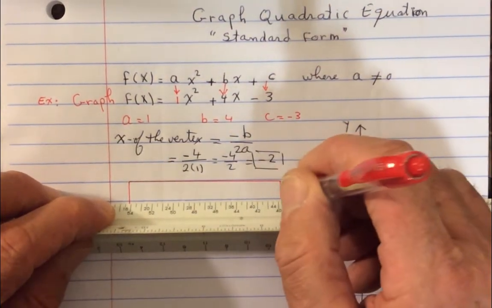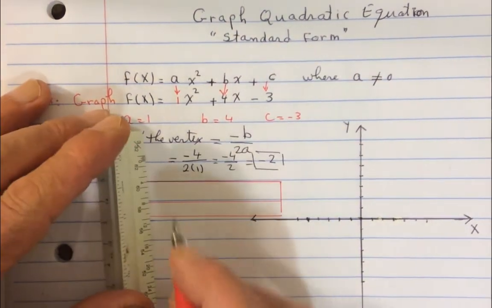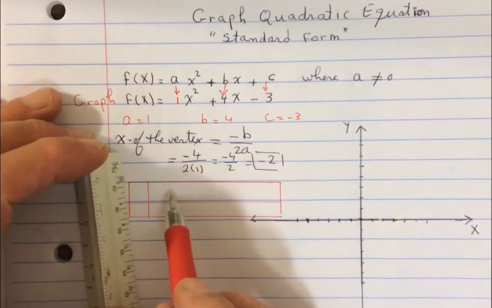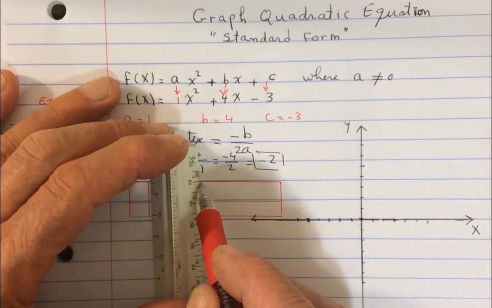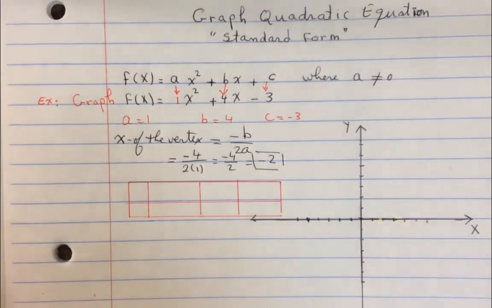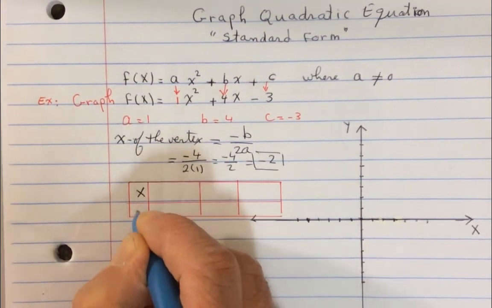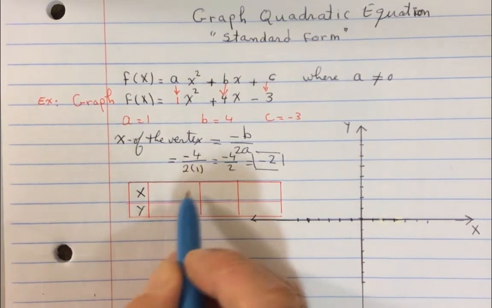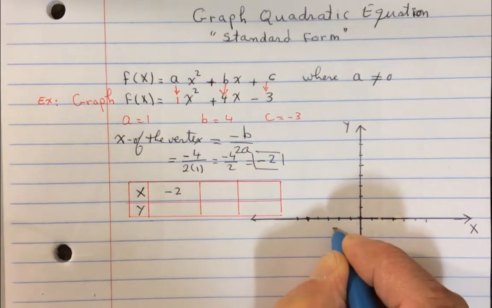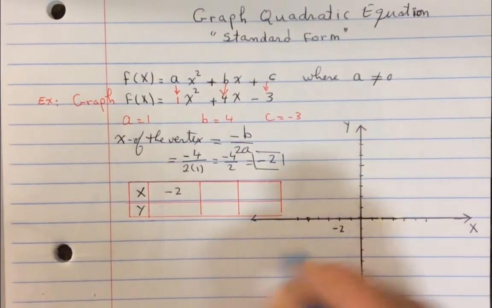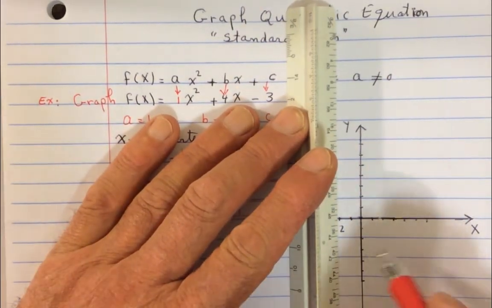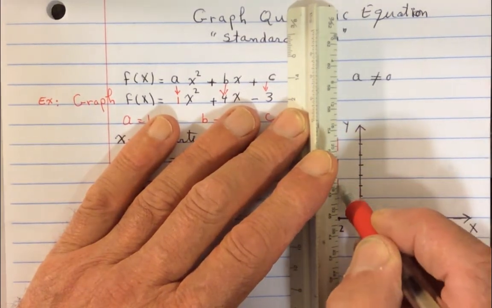So here is the table, x and y. We're going to start with the vertex and then 2 more points. We start with the x value of the vertex, which is negative 2. The vertex is going to be on this vertical line through negative 2, which we call the axis of symmetry.